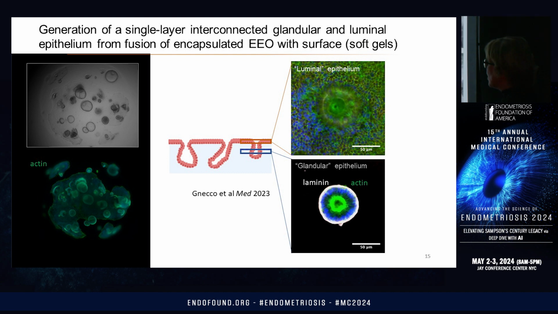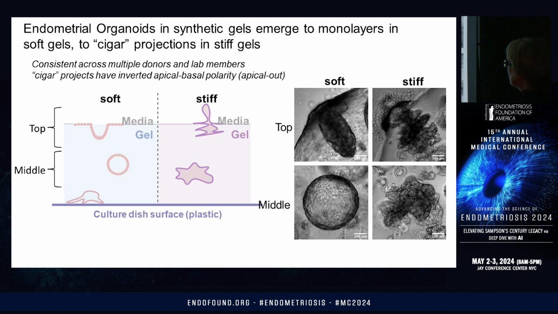So if we now go in and compare what happens in a soft and stiff matrix to these organoids in the interior and the top of the matrix, these are cells in the interior in a soft matrix, and they will emerge out. But in a stiff matrix, you can see they take on that hugely, hugely invasive phenotype.